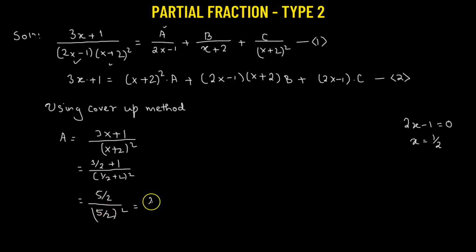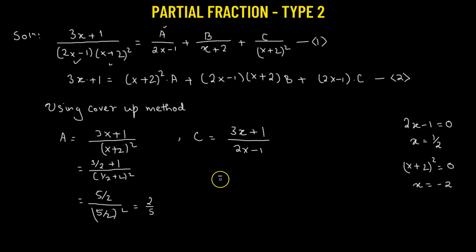Solving this gives us 2 over 5. Now that we have the value of the constant A, we can also use the cover-up method to find out the value of C. We take the rational fraction 3x plus 1 divided by 2x minus 1 and we cover up the factor x plus 2 whole squared, meaning we equate x plus 2 to 0. Solving for x, we get x equals negative 2.